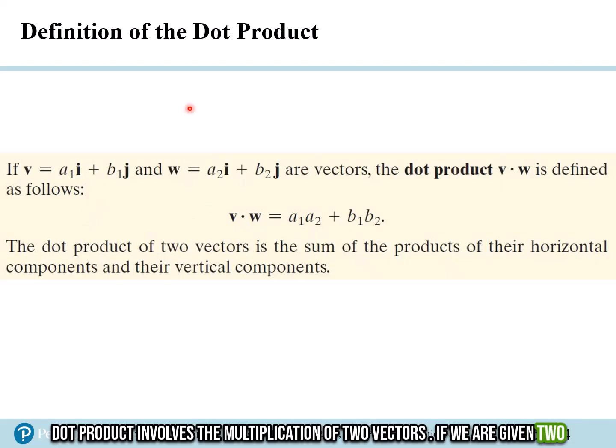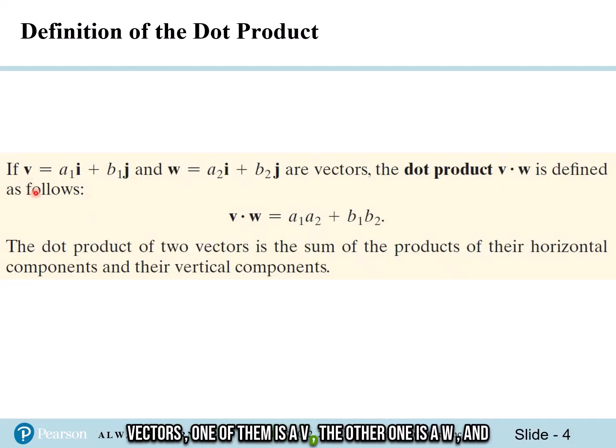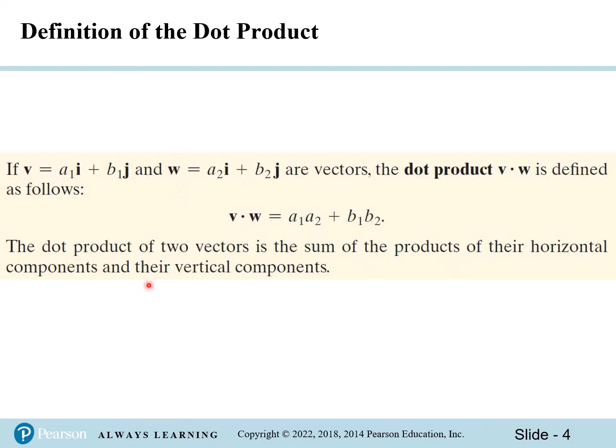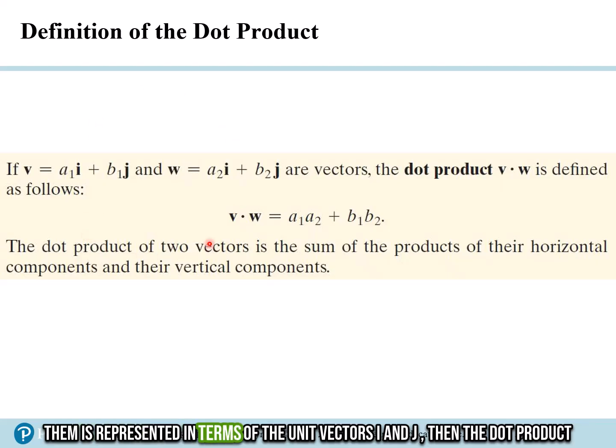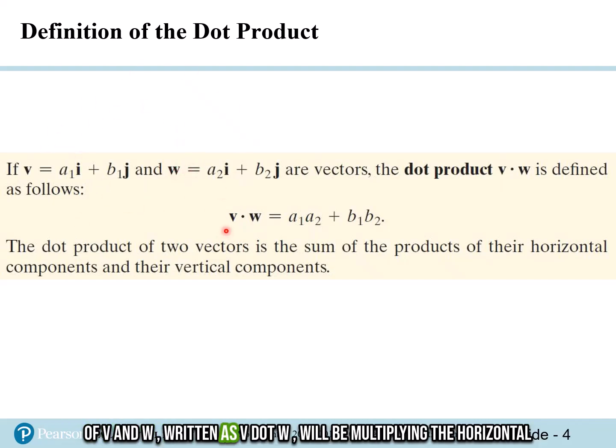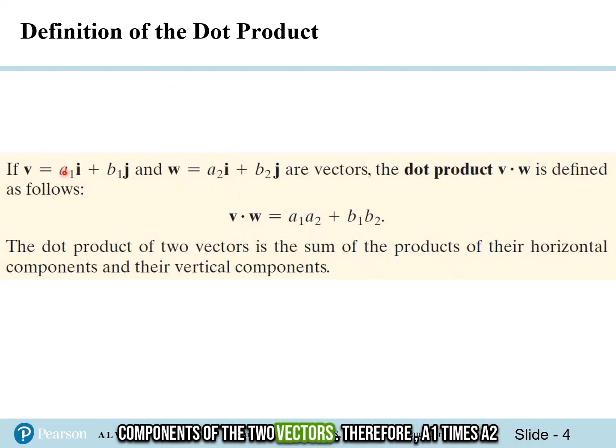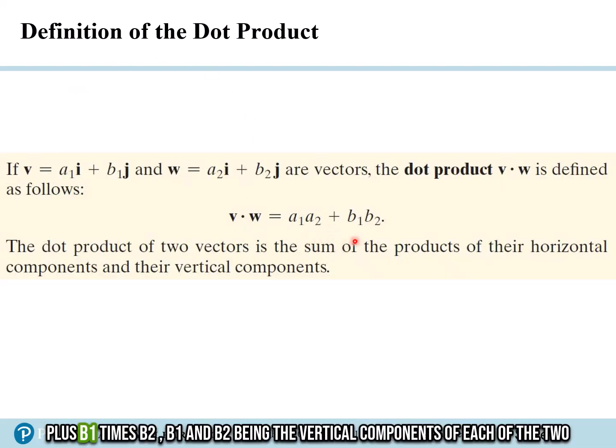If we are given two vectors, one of them is v, the other one is w, and each of them is represented in terms of the unit vectors i and j, then the dot product of v and w, written as v dot w, will be multiplying the horizontal components of the two vectors, therefore a1 times a2, plus b1 times b2, b1 and b2 being the vertical components of each of the two vectors.